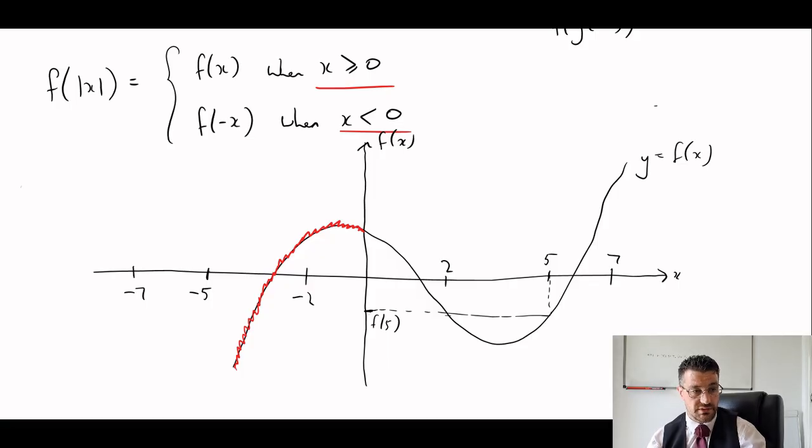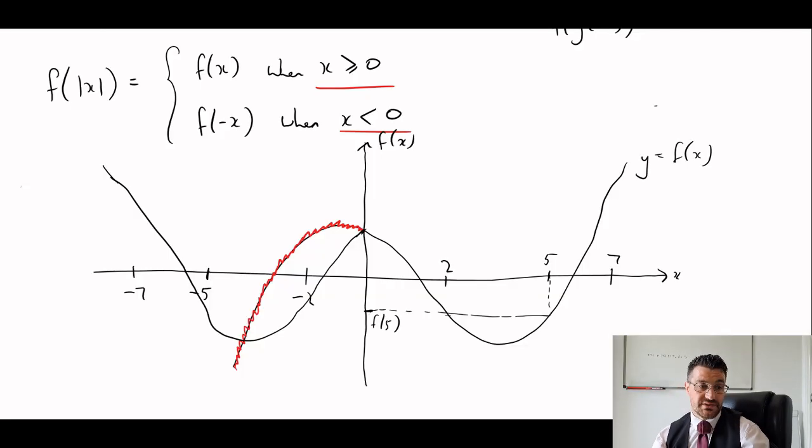It goes. And what I end up with is a reflection of this part of the graph of f of x corresponding to positive values of x, which gets reflected in the y-axis. So I'll try and do this the best that I can, but it's not necessarily easy. Okay, so you kind of get that. Okay, you get the idea. And that's the graph now of f of the modulus of x.